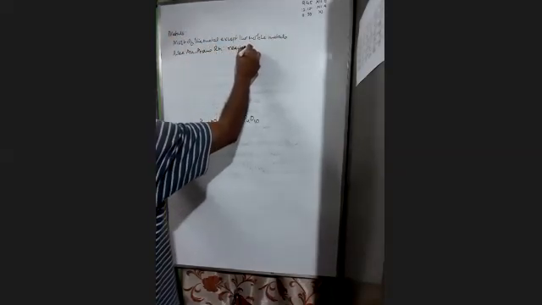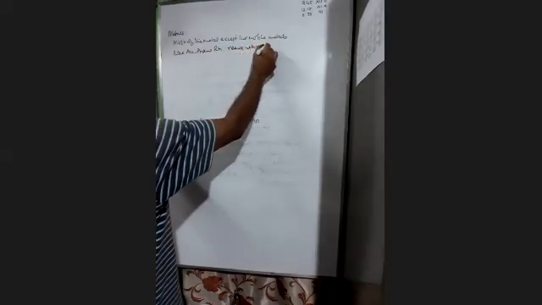Gold and platinum. Palladium also. Not platinum, rhodium. Gold, platinum, and rhodium react with oxygen. Then what should I write?